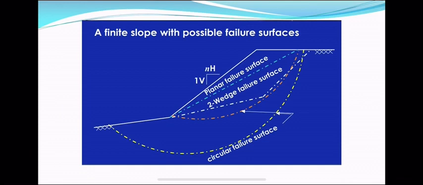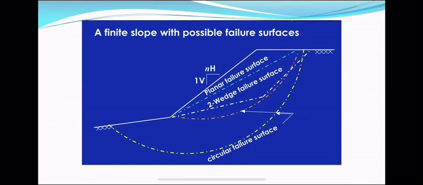The horizontal surface indicates that the back slope is 0 degrees, but in practice, especially for natural slopes, the back slope inclination can range from 1 degree to 20 degrees.